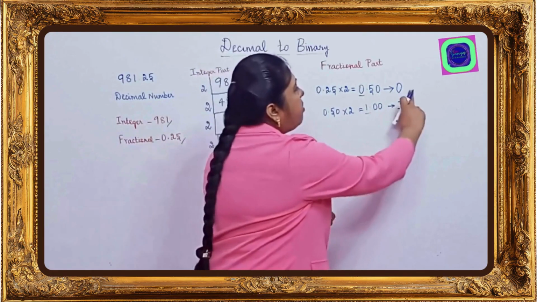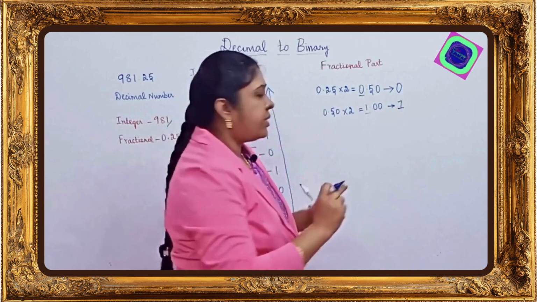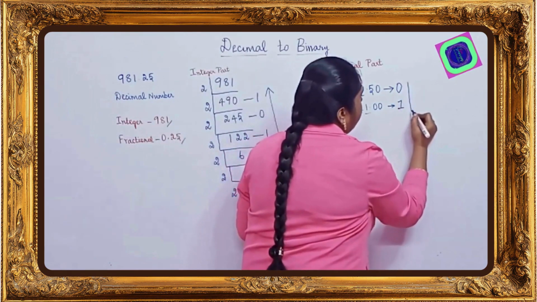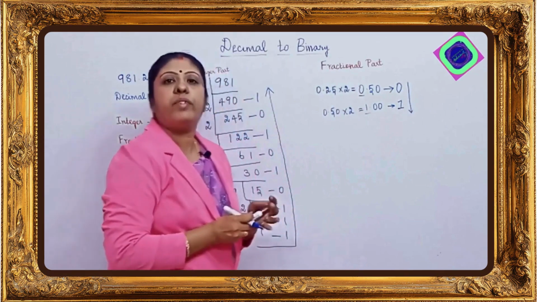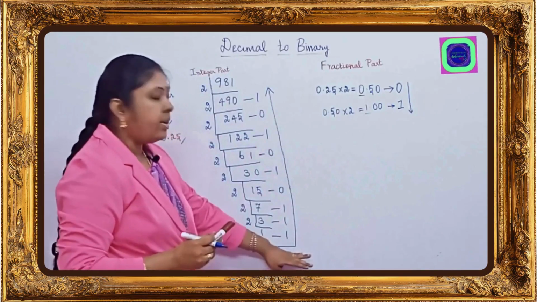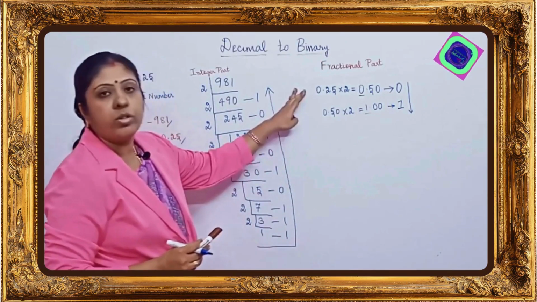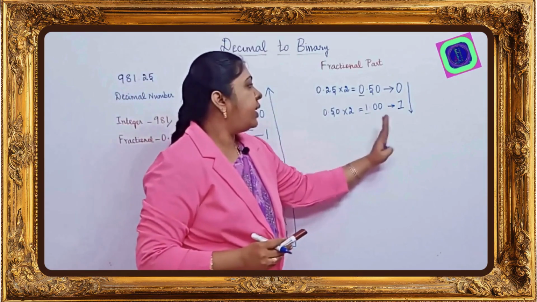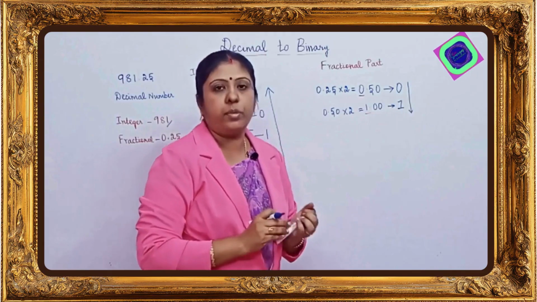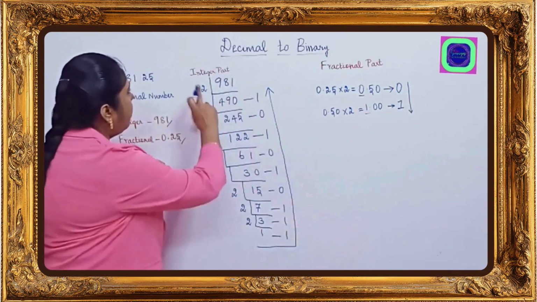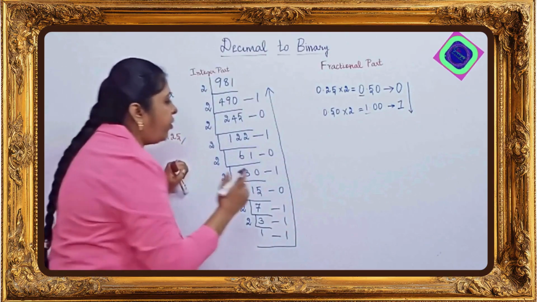And the collected integer parts have to be written from the top to the bottom. In the integer part, we said the result has to be noted from the bottom to the top. In the fractional part, the separated integer numbers have to be written from the top to the bottom. Now consolidating the result for 981.25.